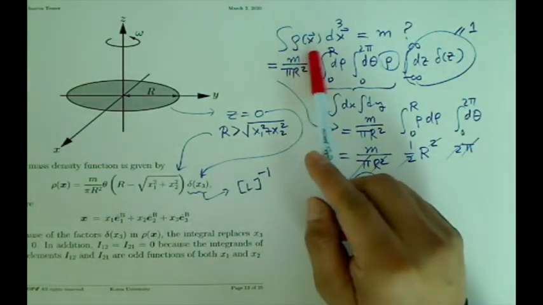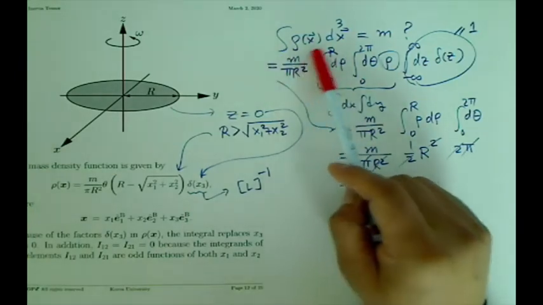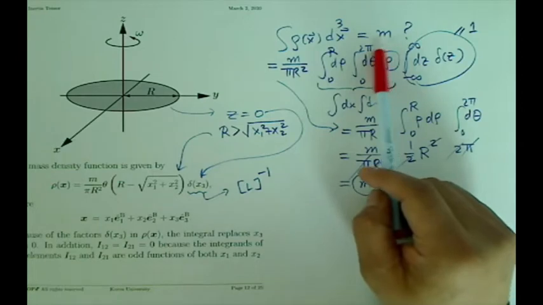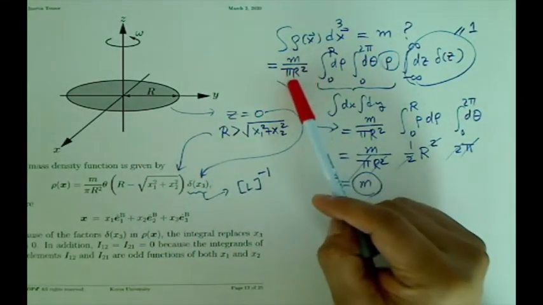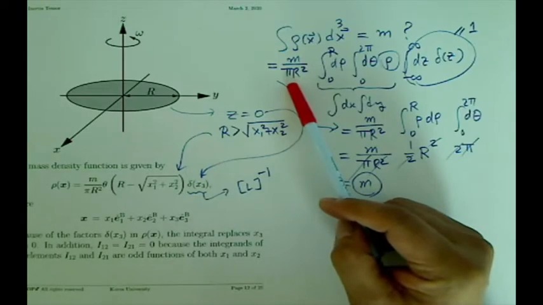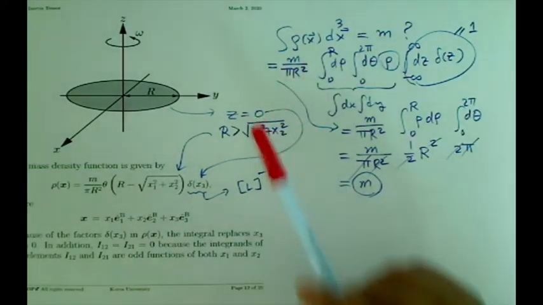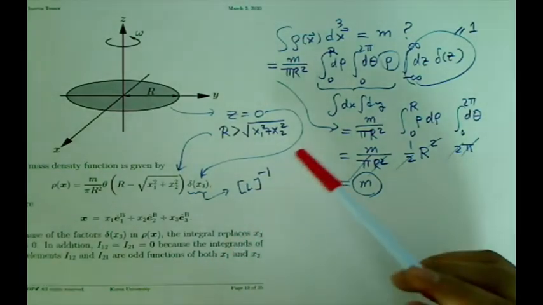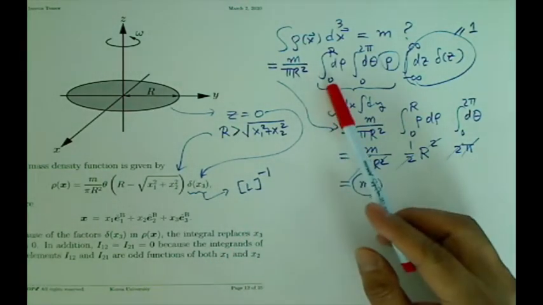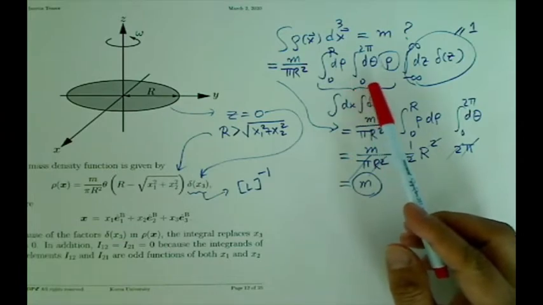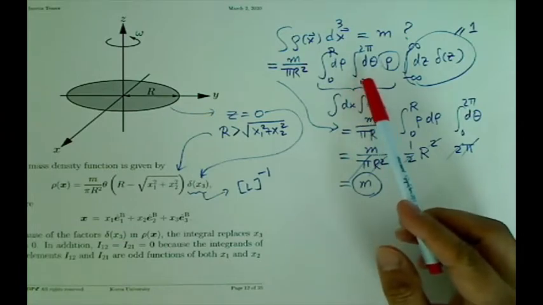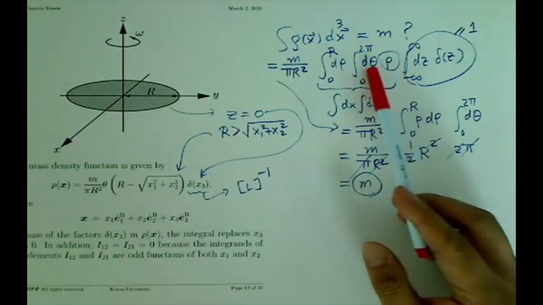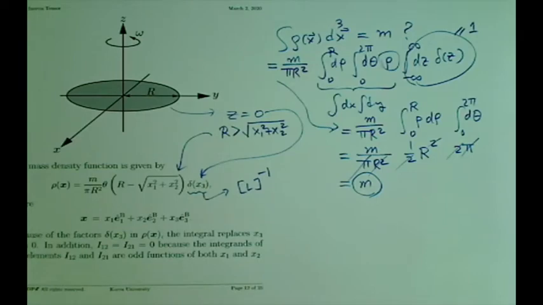We notice that the density integrated over space must be the same as the total mass. Copy the factor m over pi r squared. Now it is better to use the cylindrical coordinate system. Rho, theta runs from 0 to 2 pi, and this is the scale factor for the angle theta.